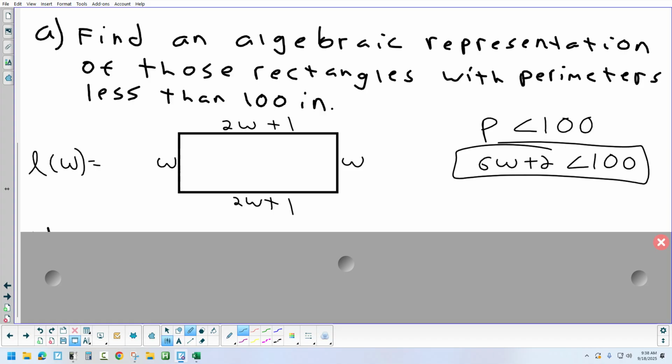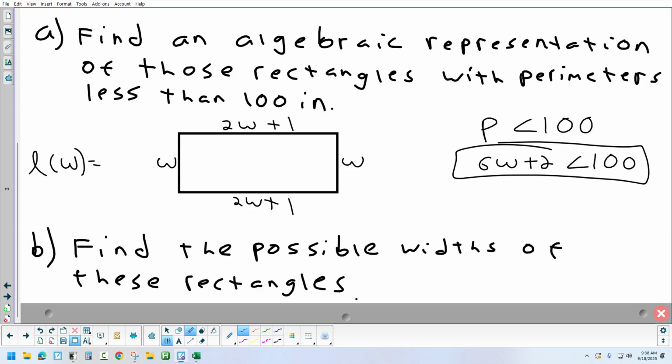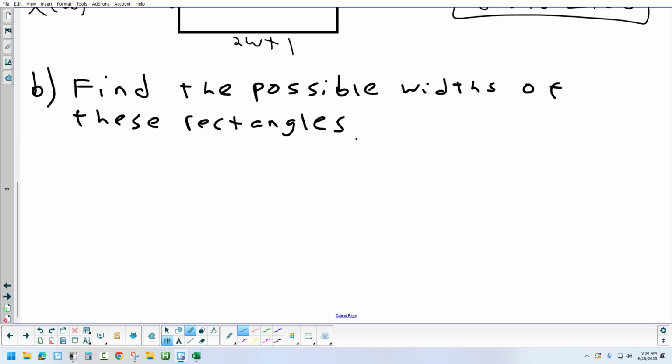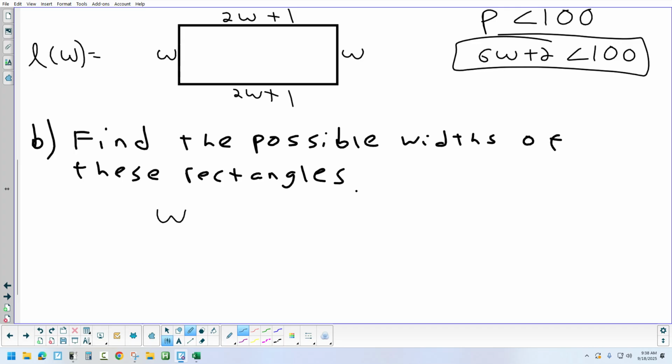They didn't actually ask me to solve anything in part A, but in part B, now they say, find the possible widths of these rectangles. So in other words, solve part A. So when we solve part A, you're going to minus 2, and you're going to have 98, and then 98 divided by 6.